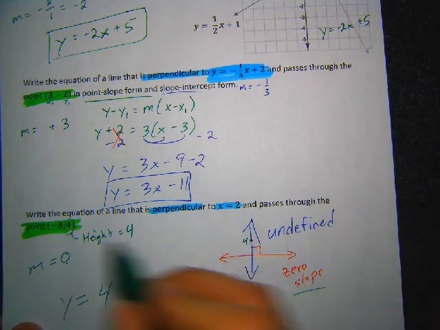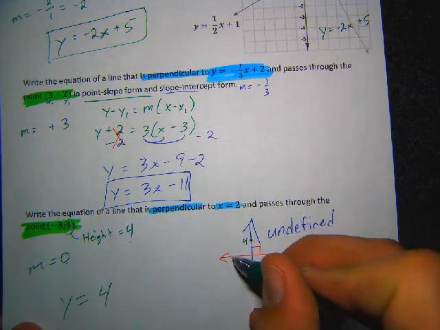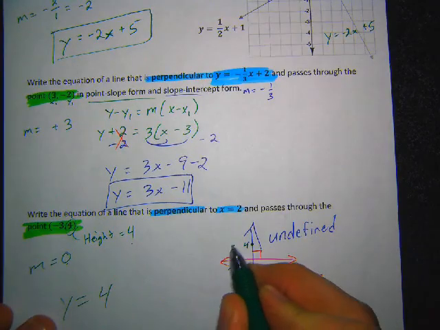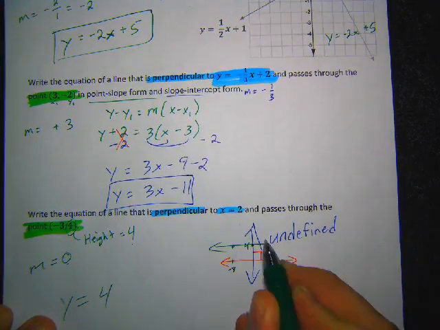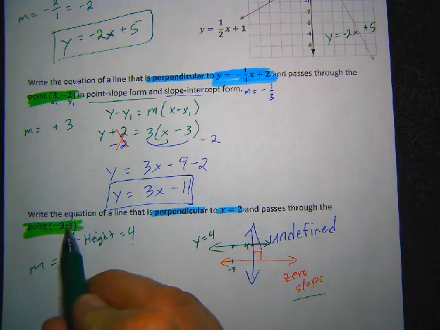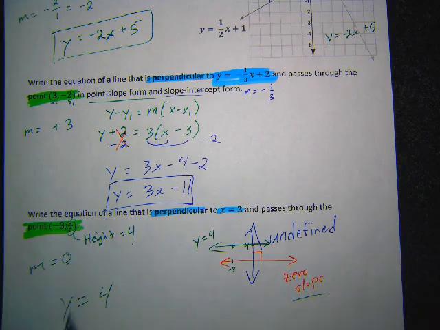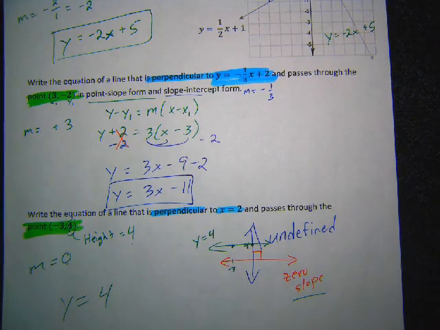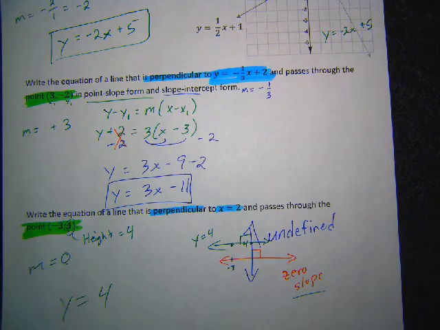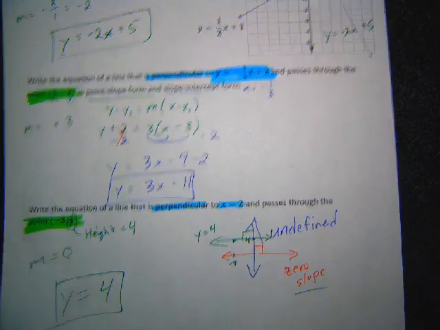And it would cross at 4, because it does cross at 4 at, like, (-3, 4). And it has to be perfectly horizontal. That's the line y equals 4. So we used the fact that it was going to be 4 high there, the fact that the slope is 0, so it's horizontal, and that's how we figured out what the line looks like. So it's y equals 4.